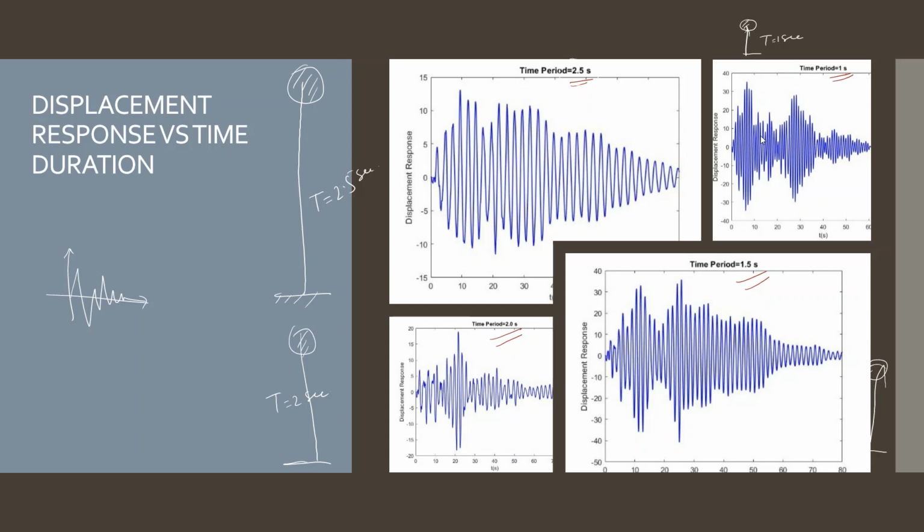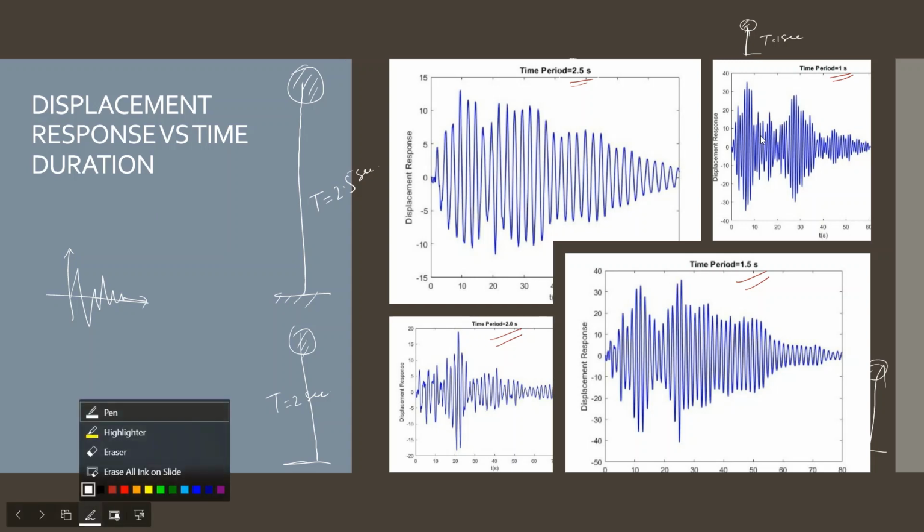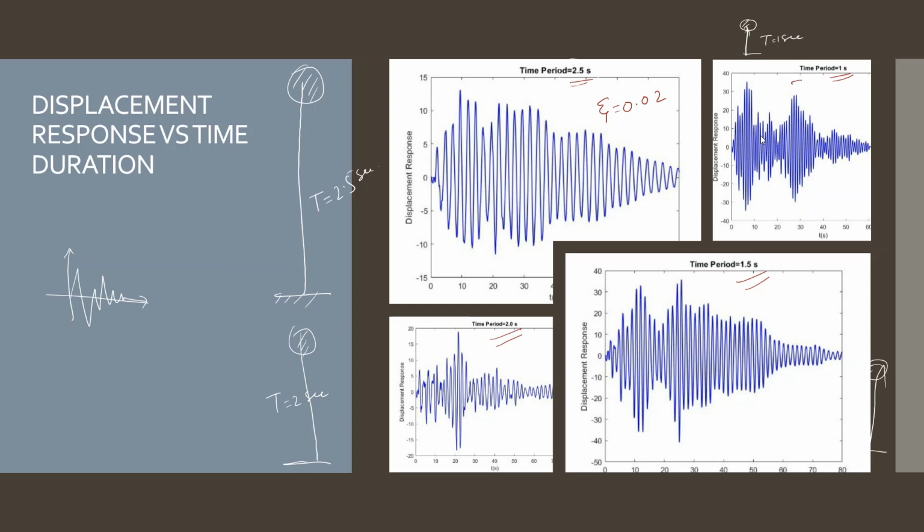For 1.5 seconds and for 2 seconds, this would be the response. Also, because it is a damped vibration, we have considered a constant xi here. We have recorded all these values at xi equal to 0.02, meaning 2% damping.